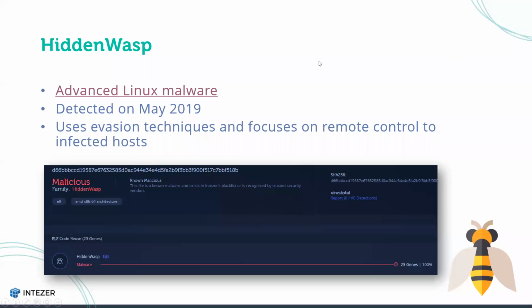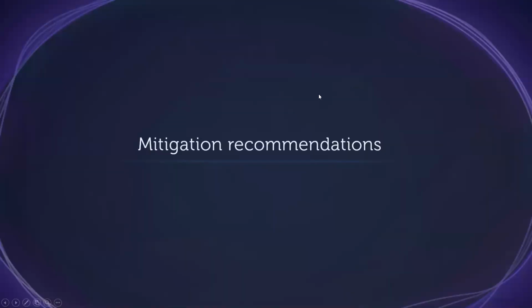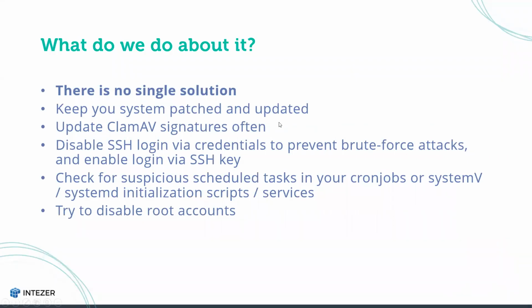Great. So after discussing these different types of threats, from the more common ones to advanced and nation-sponsored threats, let's talk a bit about mitigation recommendations and what we can do about this type of threats. So to begin with, of course, there is no single solution to solve this issue.